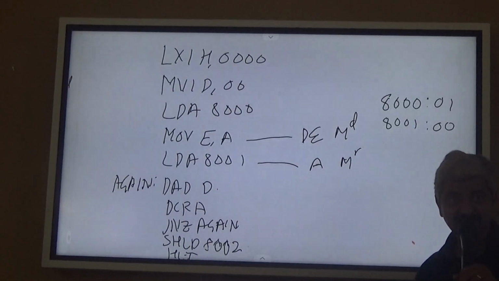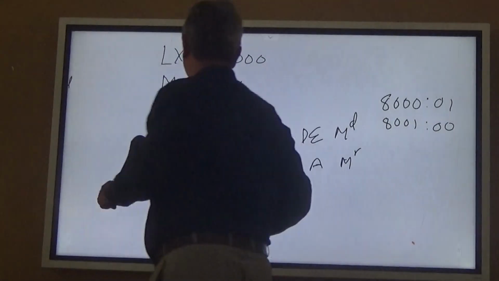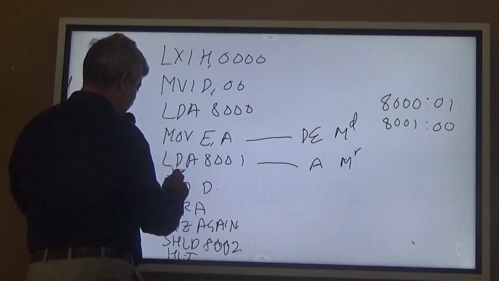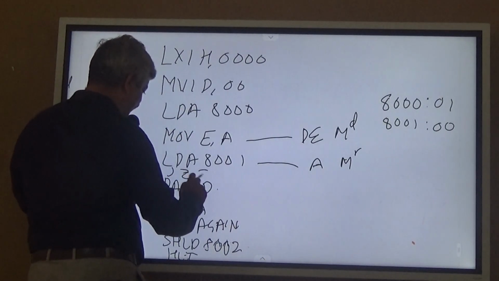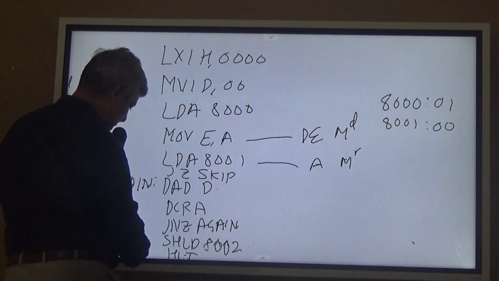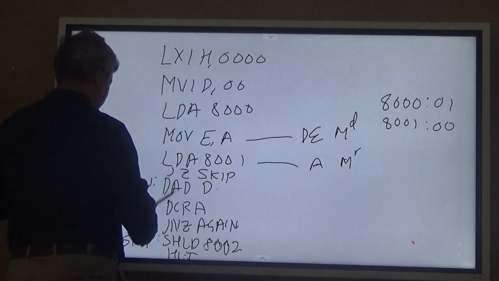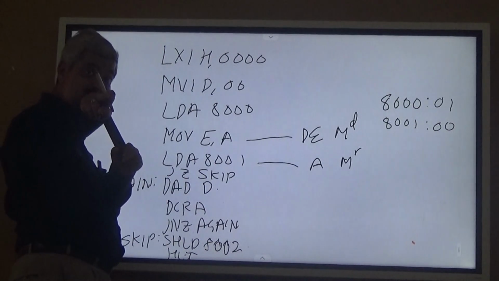Jump on zero. So it is jump on zero, skip. And skip is halt. Not halt. The result will be stored.